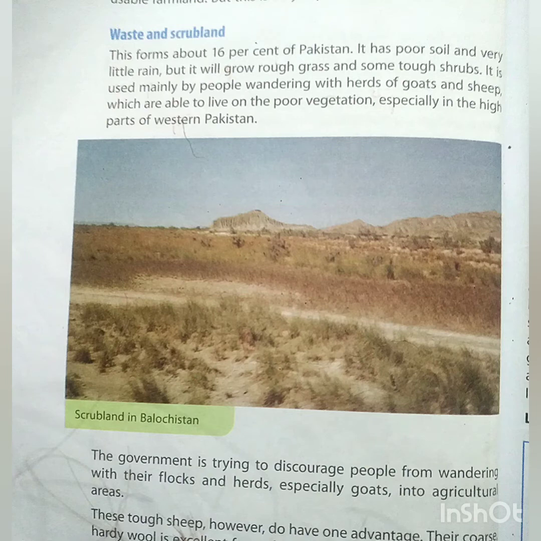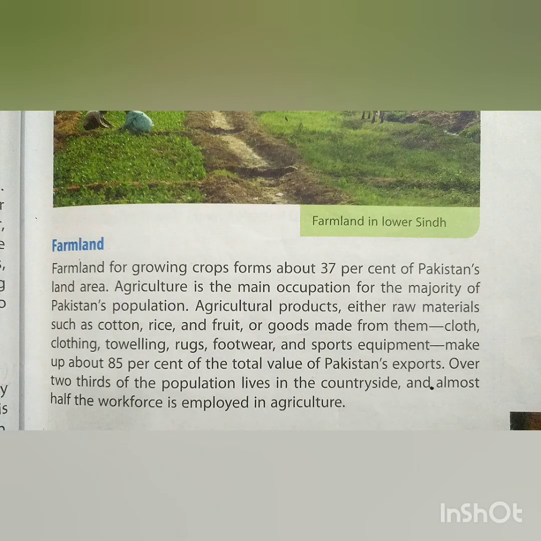Now, if we talk about the farmland of Pakistan that is used for growing crops, we have already read that it consists of 37% of the total land. Agriculture is the main occupation in Pakistan, and about 85% of the total value of Pakistan's exports consists of raw material collected from agricultural products, such as clothing, toweling, rugs, footwear, and sports equipment, which can be made from cotton, rice, and fruit goods.